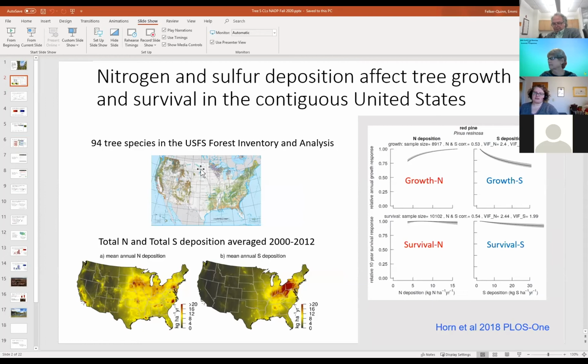It's this enormous analysis of 94 common tree species from the Forest Service Inventory and Analysis Program, put into models of temperature, precipitation, and total nitrogen and total sulfur deposition averaged over the years 2000 to 2012 to, through model selection, generate a possible set of 4 relationships between either nitrogen or sulfur deposition and tree growth and tree survival for individual species in the continuous United States.